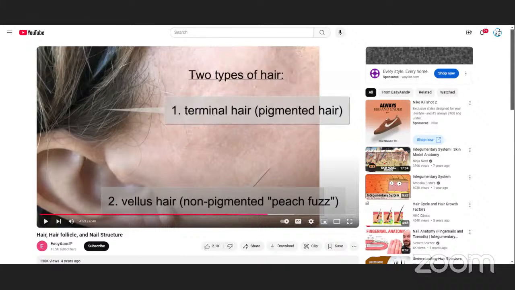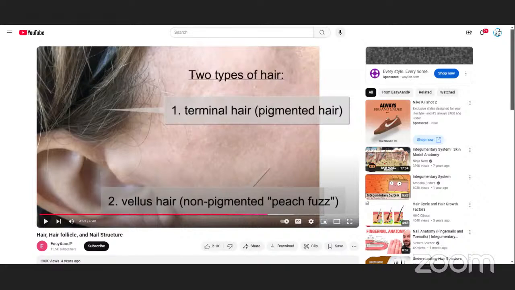Terminal hair is the hair that has been replaced and that you can see with the naked eye. It has taken on pigment. What parts of the body do you see terminal hair? Anybody? Terminal hair can be on, well, as she said, the head. You could have it on the arm. Yeah, underarm.